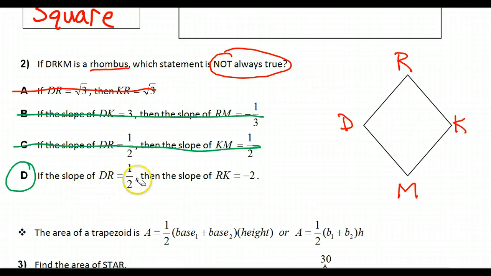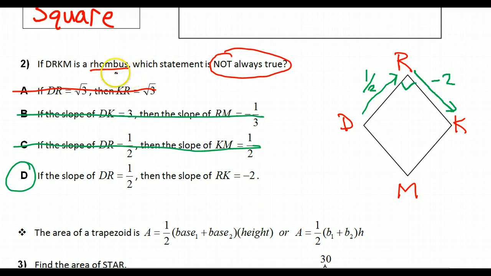If the slope of DR is 1/2, so again DR has slope 1/2, then the slope of RK is -2. So here's RK, and will that slope always be -2? See how these are opposite sign reciprocals? Well, that would mean that this is a 90-degree angle right here.